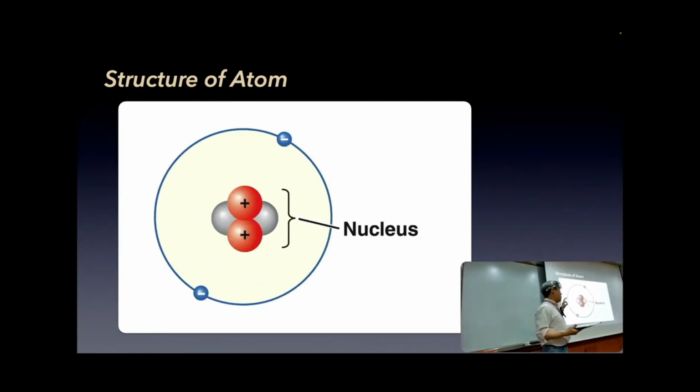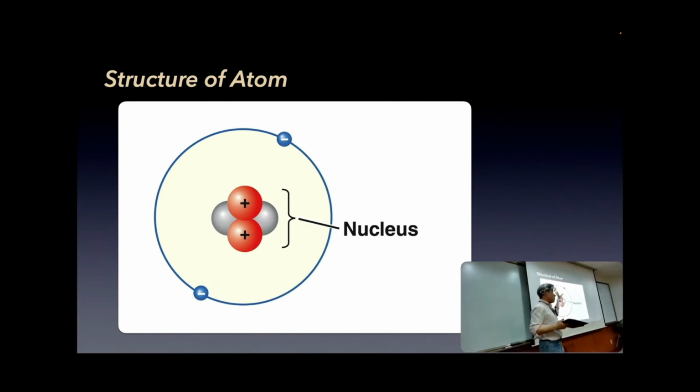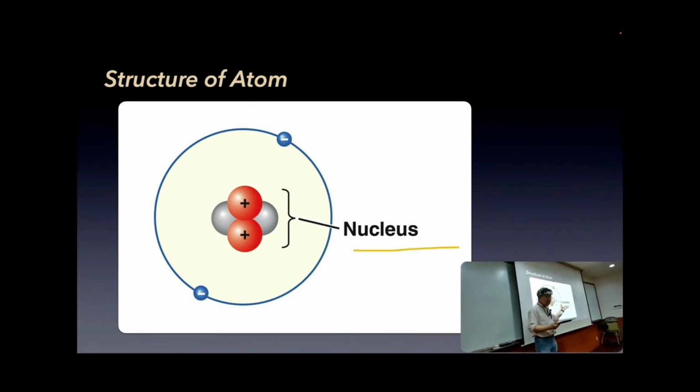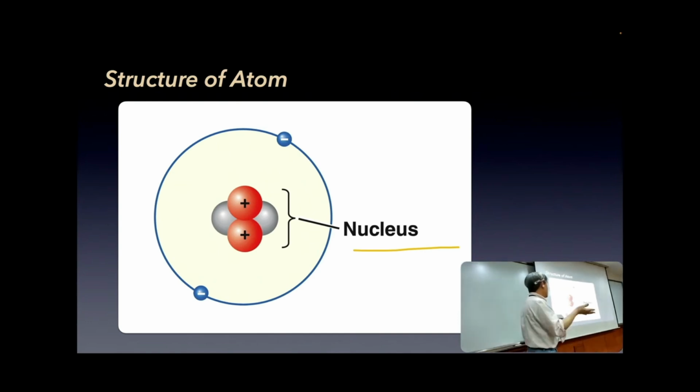So regardless of the type of element, the basic structure of all elements is the same fundamental unit, an atom, in which in the center you have something called the nucleus, and outside at the periphery, electrons are moving around, circling, orbiting, as we can express it.